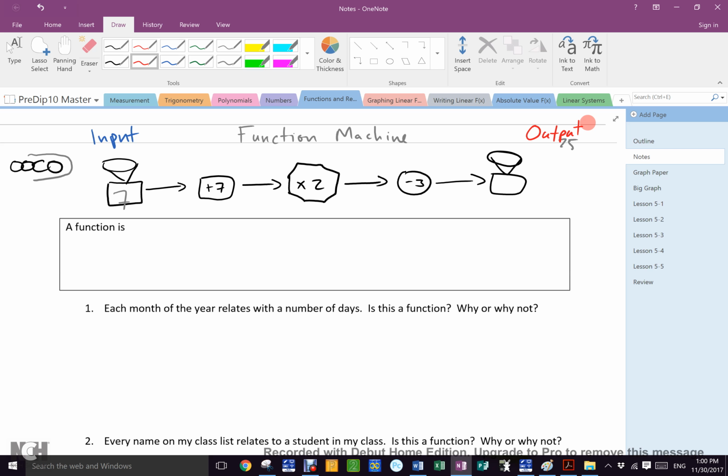But anyway, a function is a particular relation whereby every input gives one and only one output.